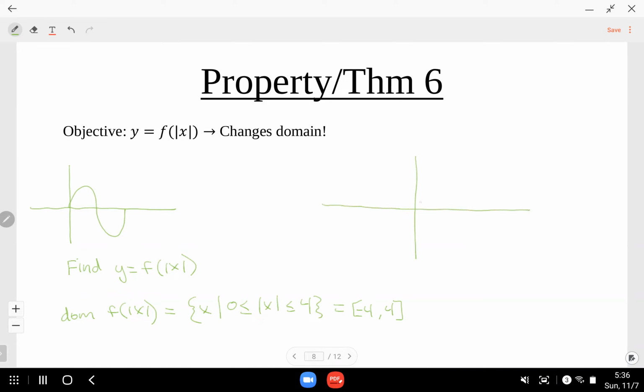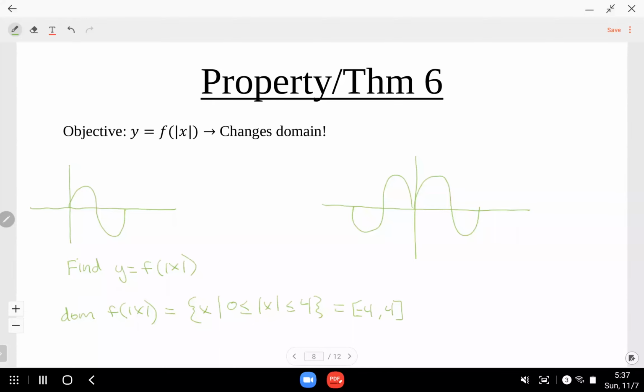What we're going to do here is reflect it over the y-axis. We got our domain, right? It's enlarged.